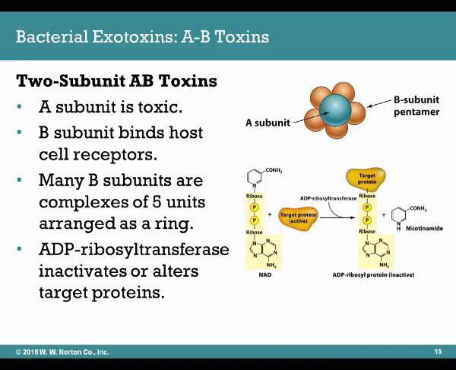In the case of cholera toxin, it has 5, and Shigella toxin, it has 5 B subunits with just one A subunit. The A subunit is the toxic part, and the B subunit is the part that binds specifically to the host cell that is affected by this toxin. So the B subunit doesn't need to get into the cell. The A subunit does in order to have its toxic effect.